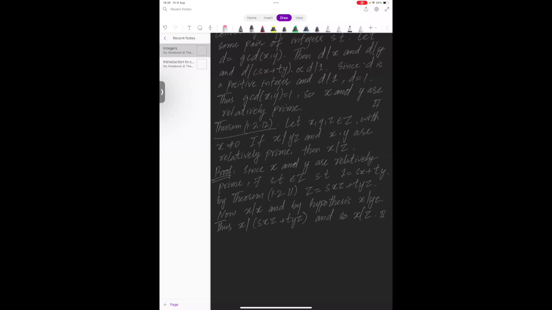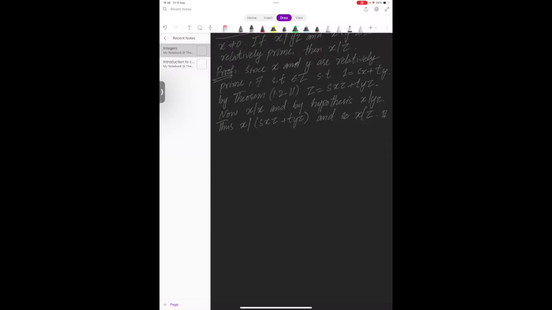We also have a corollary for this theorem. Let's say we have integers x, y, p with p a prime.